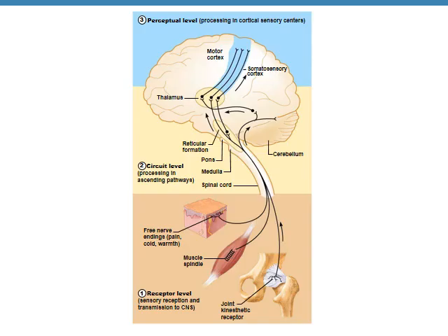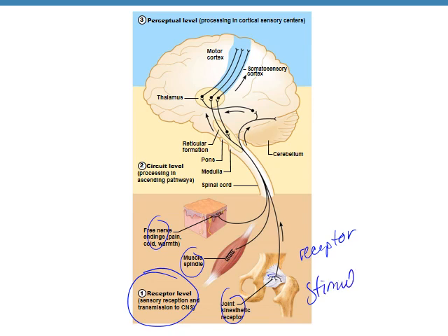You can see in this picture they're showing you the receptor level. Here's a muscle spindle, here's a free nerve, here's a joint. All of these dendrites, if the receptor is activated, right? So we have a stimulus, the receptor gets activated, we generate an action potential.